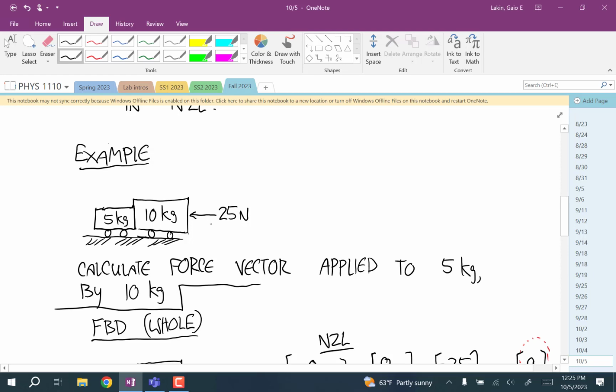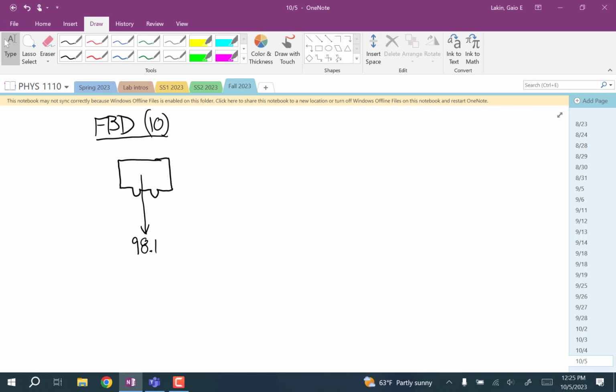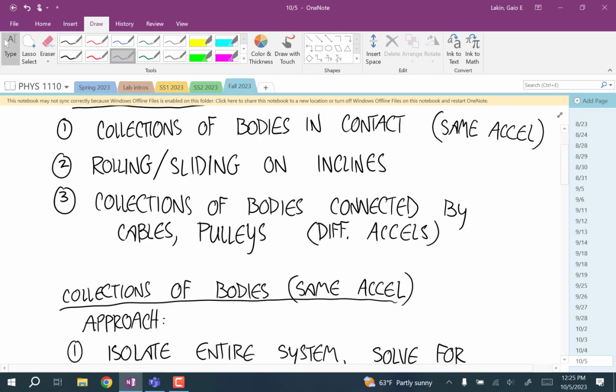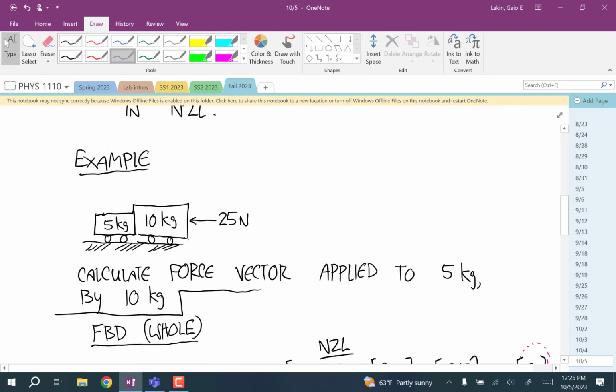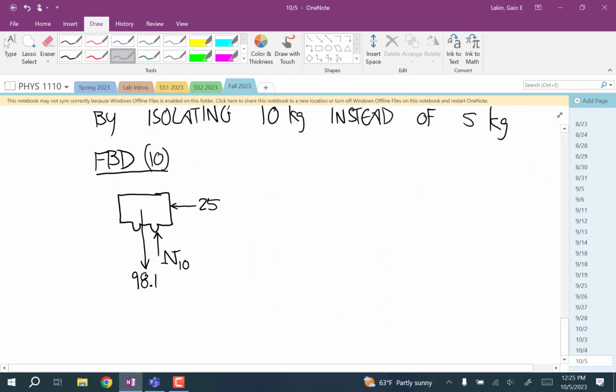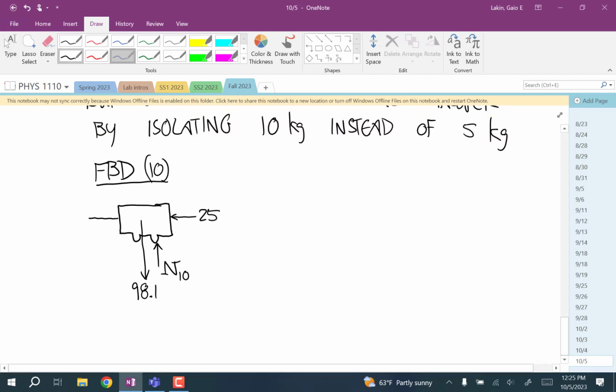There's this 25 Newton force on the right side. There's a pushing force from the ground here. I'll call that N10. And then the last thing we have to put in is the 5 now is pushing on the 10. Okay, so that's perpendicular to the surface toward the chosen body. And I'll call that R.